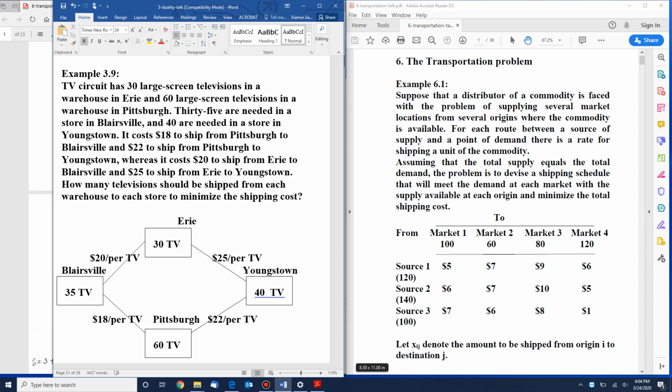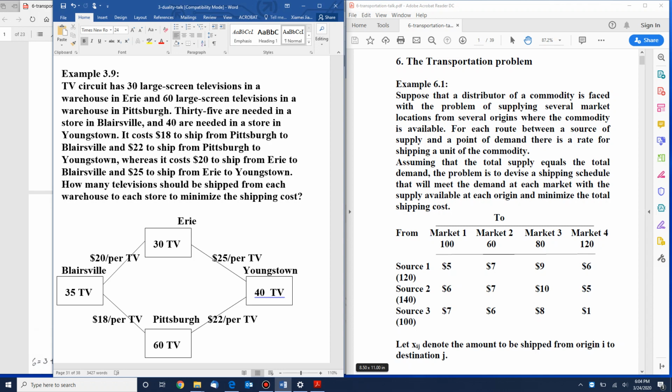And the costs are also different, right? And here we have one assumption, that is, we assume that the total supply equals the total demand.